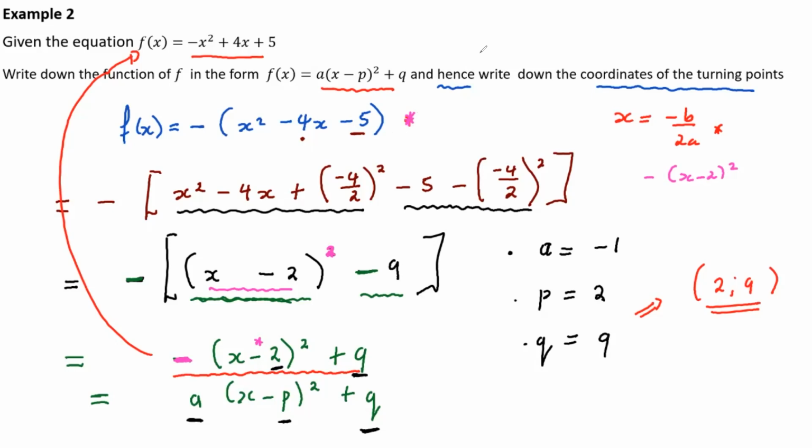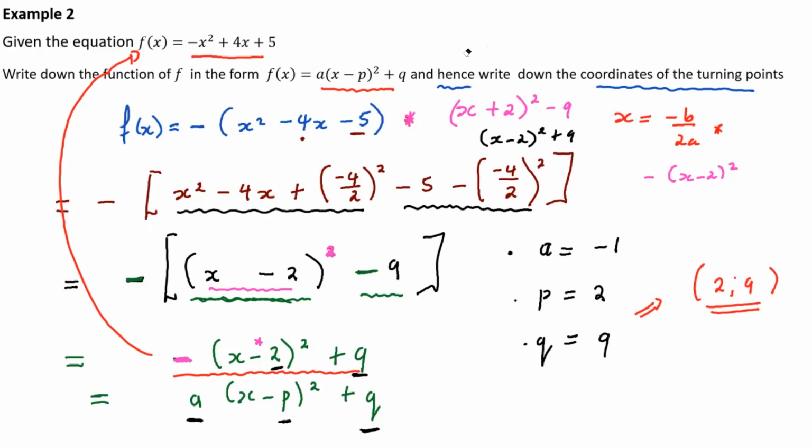Are you saying if it's written like x plus 2 squared and then -9? No, if it was written as x minus 2 squared plus 9, will I be correct if I said my turning points were -2 and +9? No, you would not be correct. Thank you for that beautiful question.